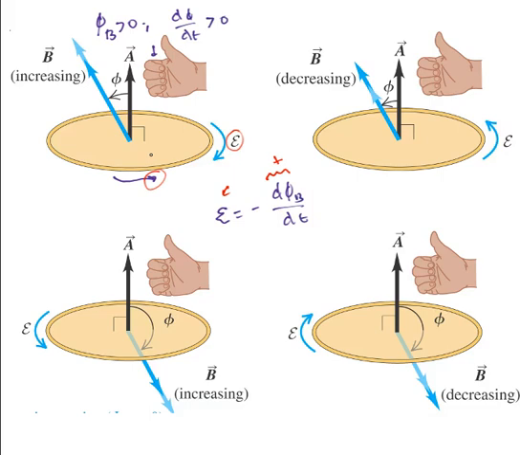Okay, so what would happen? Let's kind of review the same story if we chose arbitrarily the area vector going the other way.